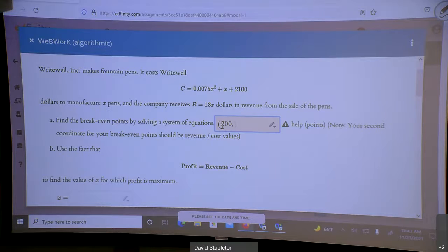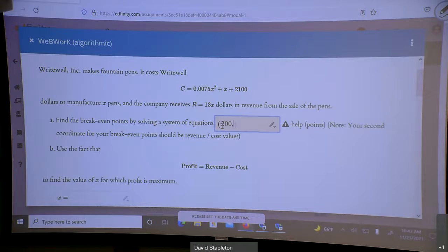You've got to plug in 200 for the revenue. Revenue is 13x, so 13 times 200 is 2,600. So I'll take revenue divided by cost. 2,600. And the cost is this one, plug in 200: 0.0075 times 200 squared, plus 200, plus 2,100.